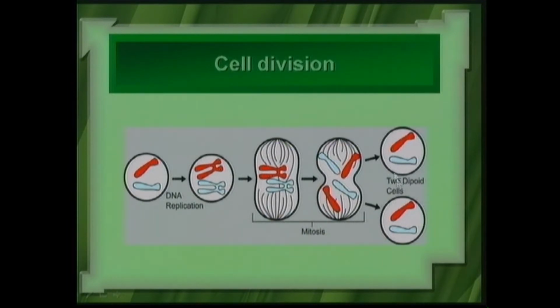These two daughter cells will be genetically identical to each other, and also genetically identical to the parent cell. So this term here, it's supposed to be two diploid cells. What it means is that this cell here has one set of two chromosomes. This one too has one set of two chromosomes.